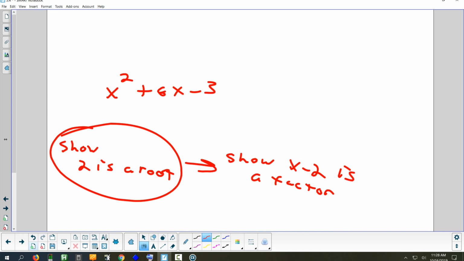Now, how do you show something as a factor? What do you do? Like if I said to you, prove to me 5 is a factor of 15, how would you prove it? What's that? Division. And what do you do, the division and then what?